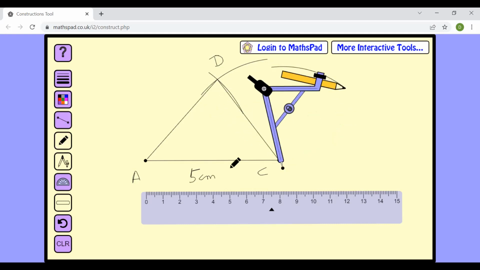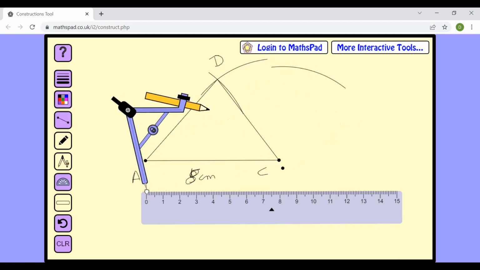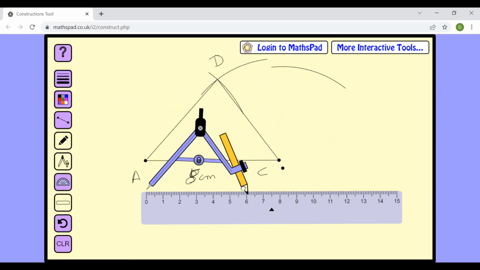Ma'am, isn't that of 8 centimeters? Yes, 8. This is of 8 centimeter. Correct. Now open your compass from C.